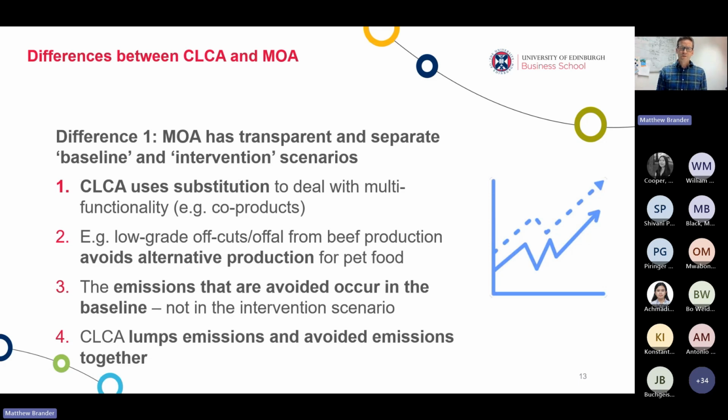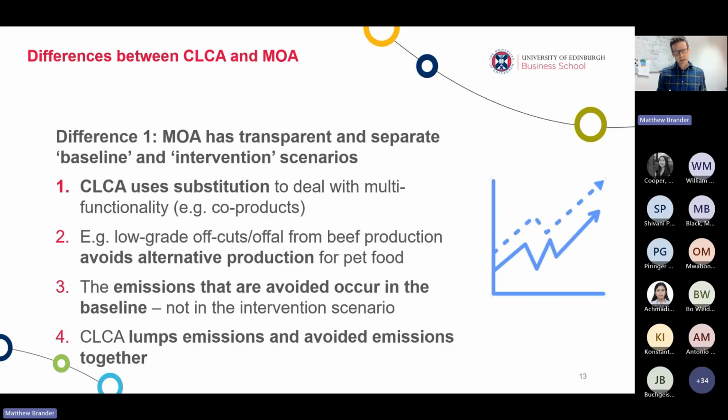But where I guess the difference is more significant is the way in which consequential LCA will tend to give a mixture of impacts or emissions that are occurring in the intervention scenario together with avoided emissions that would have occurred in the baseline. And you see this in particular with the way in which consequential LCA will model and deal with cases of multifunctionality like co-products.